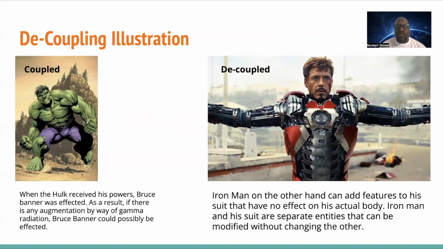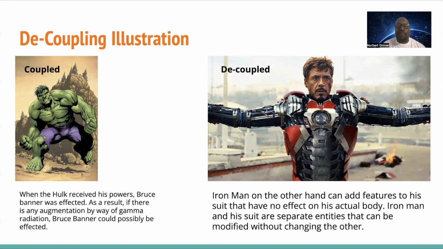We're going to use Marvel superheroes, the Hulk and Iron Man, right? And when the Hulk receives his powers, Bruce Banner was affected. When Bruce Banner was hit by the gamma rays back in the day, it affected Bruce Banner.